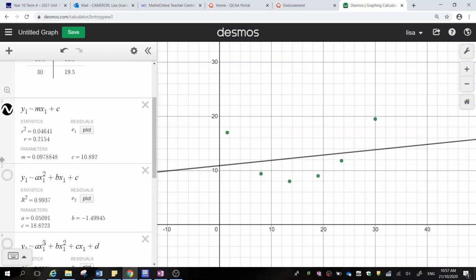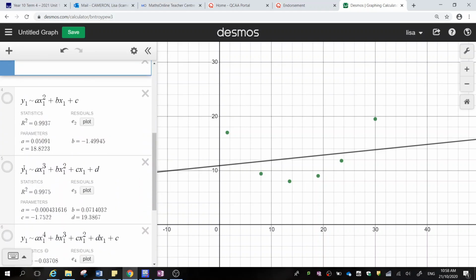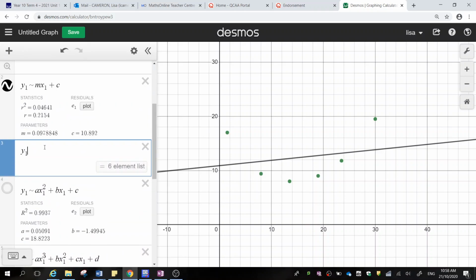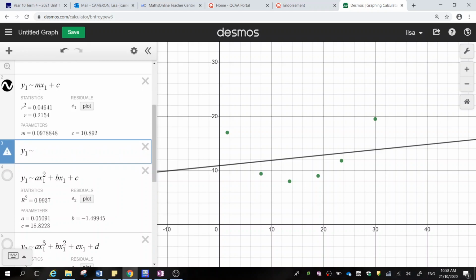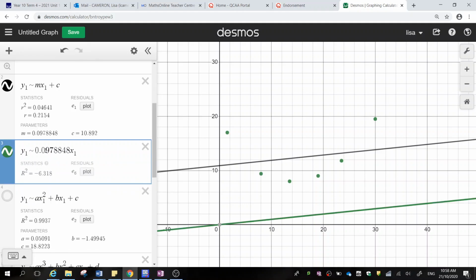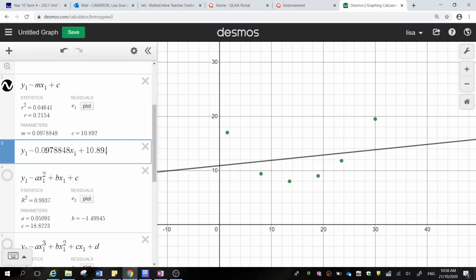So the full expression is, let's see if I can enter one in somewhere. So this actual expression for y equals mx plus c is, and I can test this, y1, little squiggly line. Now that's underneath the escape key. This value of m, so 0.0978848x1 plus 10.89.2.